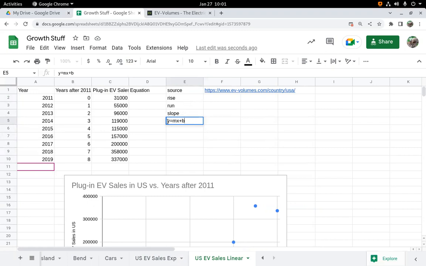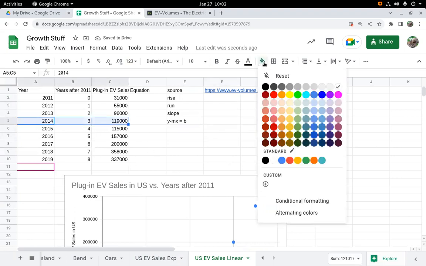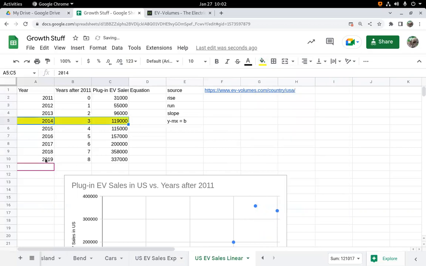If we plug in a y, an m, and an x, we can just subtract the mx over to get the b. So my claim is that if I just do a subtraction there, that's how I calculate b from one of these points. So I'm going to do those right now. I'm going to use this year, let's highlight it, and 8 years later. Those are the 2 I picked on my graph.